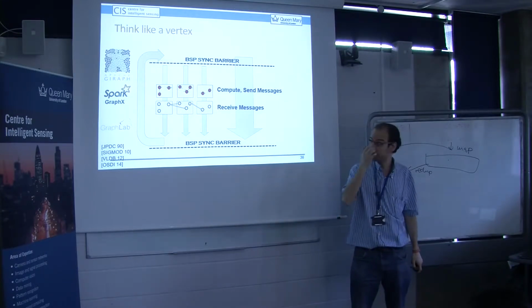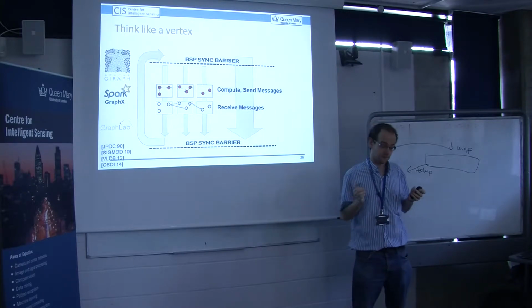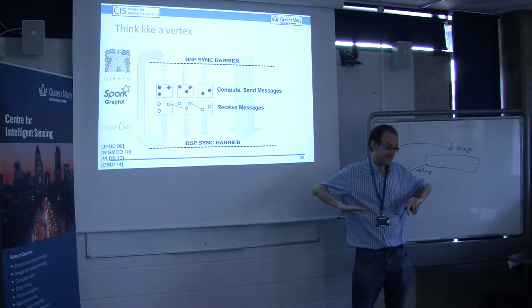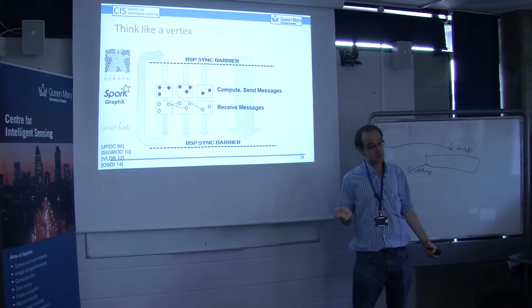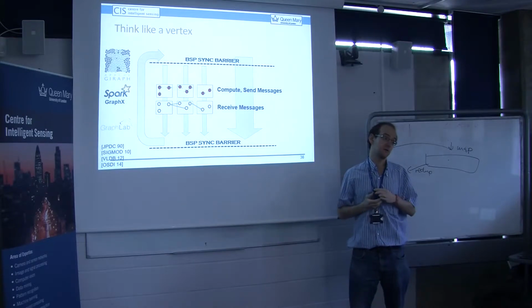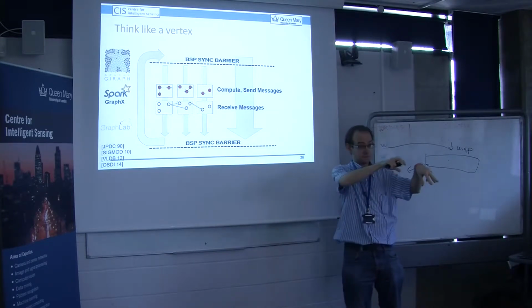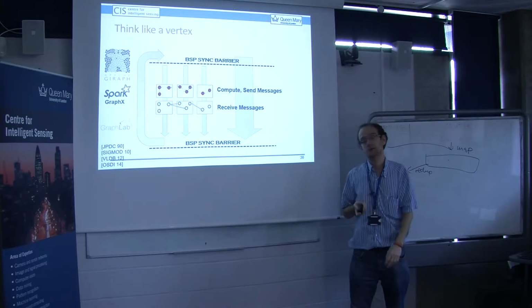And if what you want to do, again, is some type of process in which you want to process every vertex of the graph at the same time, and you want to communicate with your neighbors, which means that you are searching for something possibly, then this can be a good fit.